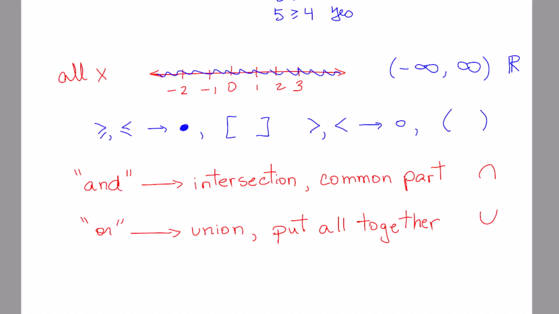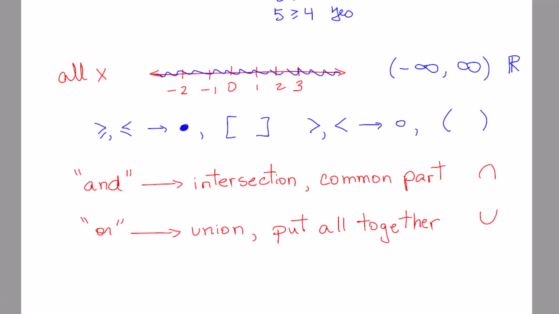In math, we often use the words and or. And means intersection, or find what's in common between two sets. And we write intersection with this flipped over U. Or stands for union.